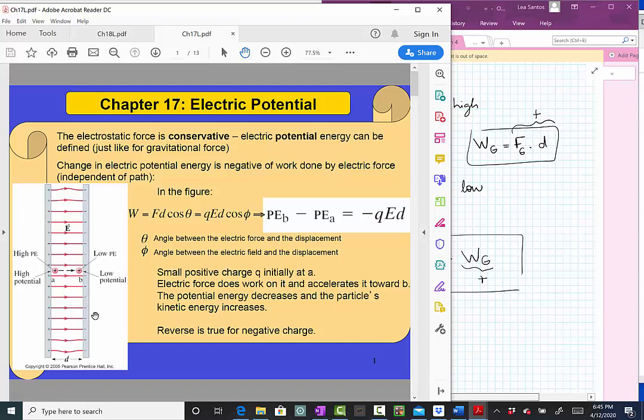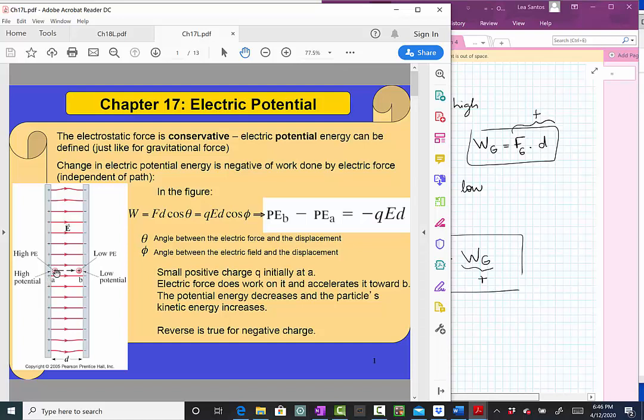And let's now pick a positive charge, and let me carry it here on this side where we have the positive plate. Well, this charge doesn't want to be there. Now I have to carry and hold it there, because if I let it go, it will fly away from this positive plate.